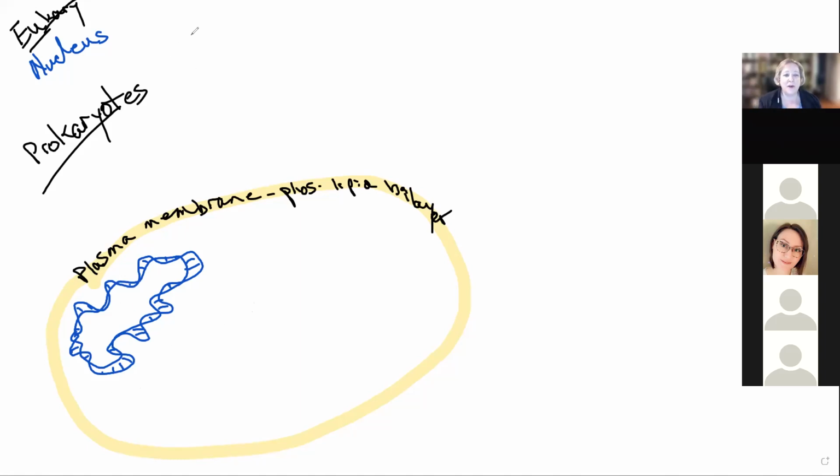So in a eukaryotic cell, I would have a nucleus, and when we stain a nucleus, we have a darker staining area that we call the nucleolus. Okay? That's an area where we're doing a lot of transcription, but that would be in just eukaryotes.